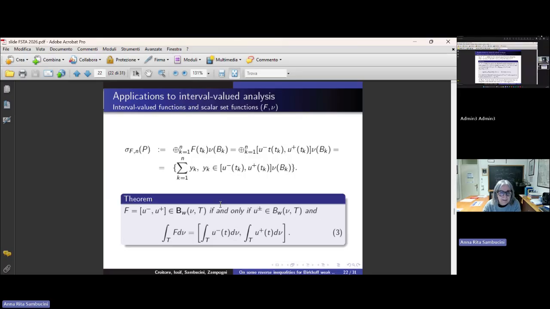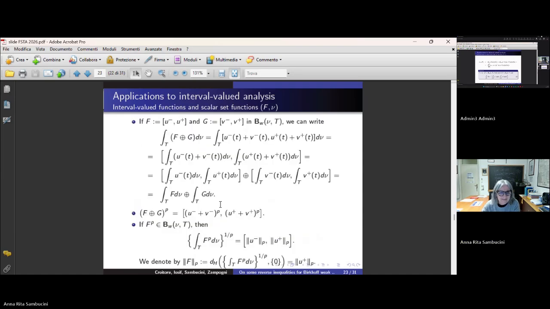In this framework, the Minkowski sum associated with the tagged partition can be viewed as an interval whose endpoints are the Riemann sums associated with the endpoints functions of capital F. And the Birkhoff integral of an interval valued function F is an interval whose endpoints are the integrals of the endpoints u minus and u plus. The integral is linear in the sense of Minkowski addition.